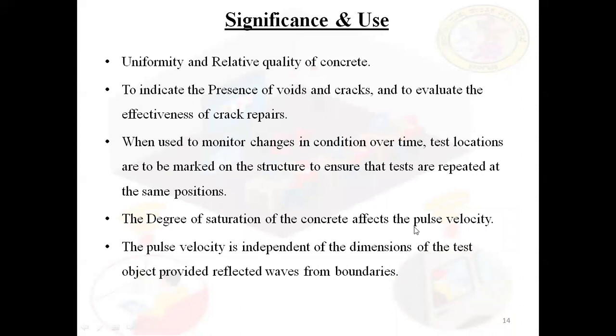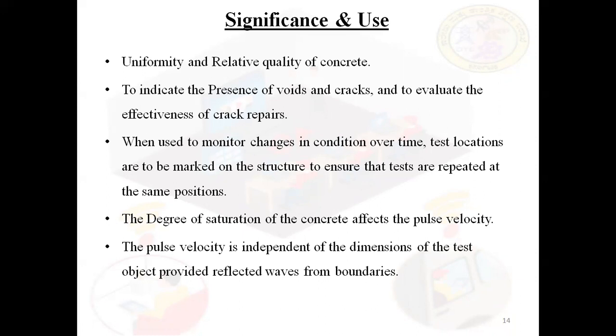And these are some of the significance, and we have already discussed the advantages of the pulse velocity test. That is, uniformity and relative quality of the concrete can be found, indicating the presence of voids and cracks. The main intention of conducting this experiment is to find the quality of concrete, that is, whether any voids and cracks are present, and to evaluate the effectiveness of crack repairs.